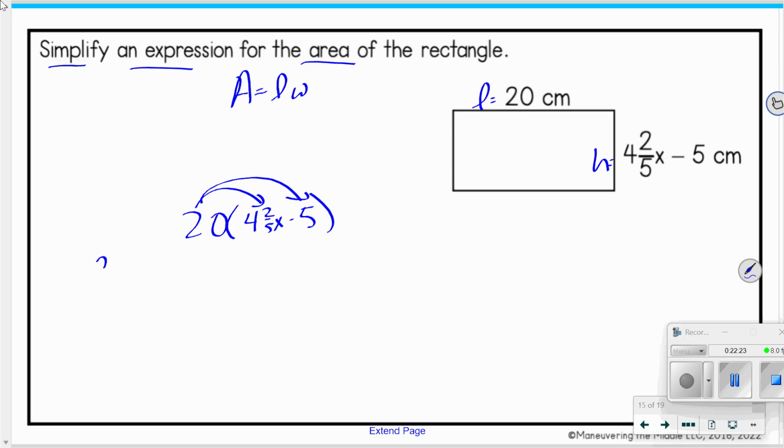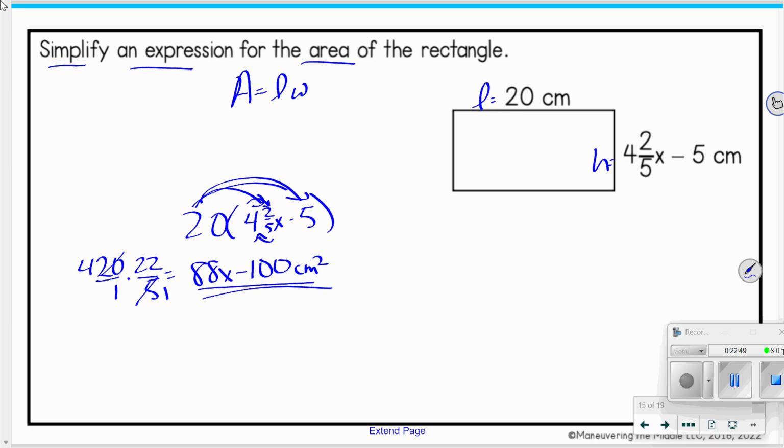I do have to do slam dunk on that one. So, slam dunk gives me 22/5. Gives me 1 4, so that would be 88x. 20 times a negative 5 is minus 100. Is there anything else that I could simplify on this? No, there's not. So that's my simplest form right there.